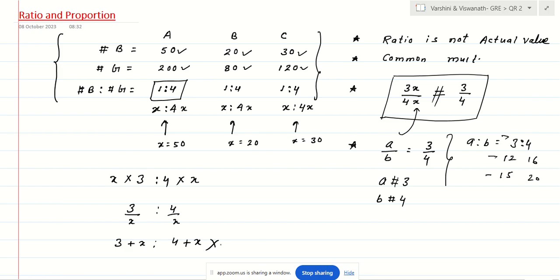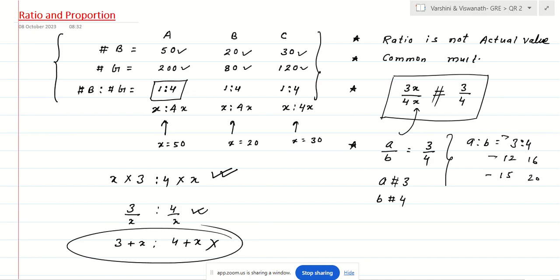This is wrong. This is wrong. This is also right in terms of ratio. The ratio remains the same, but I cannot add or subtract in the ratio. If I add or subtract to the ratio, it is meaningless. There's no meaning. I cannot add to or subtract from any ratio.